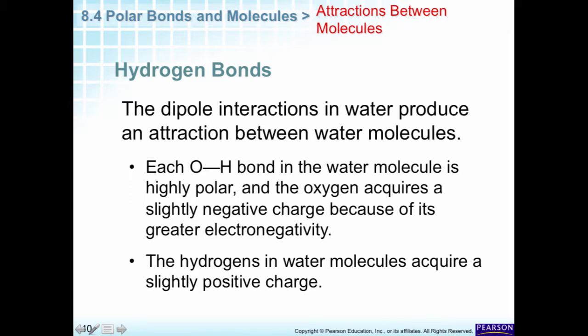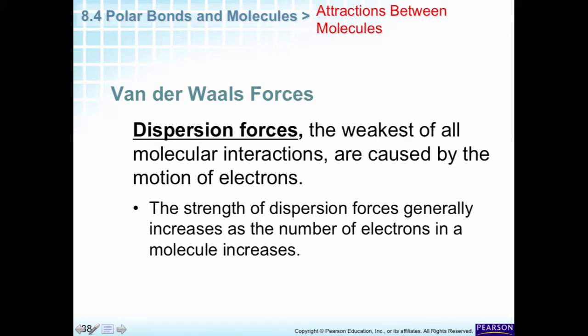Now the strongest of the interactions, which is a special case of dipole interactions, is called hydrogen bonding. Water is an example of it. The way I tell you, the only things that have hydrogen bonds must have hydrogen as one of the things, and they must have one or more of these atoms in them, and the hydrogen has to be attached to one of these.